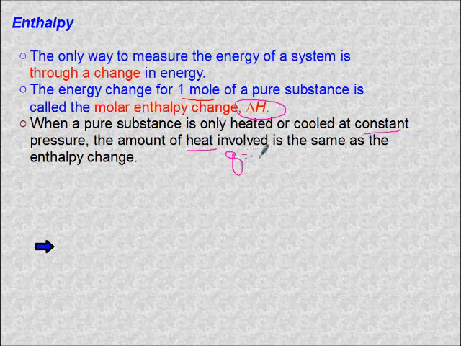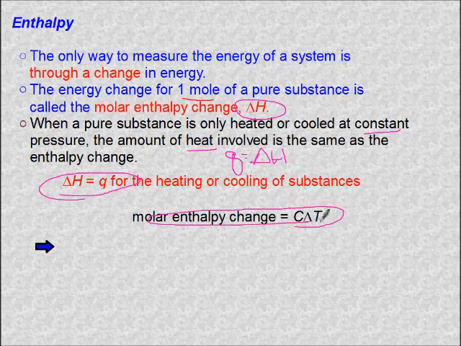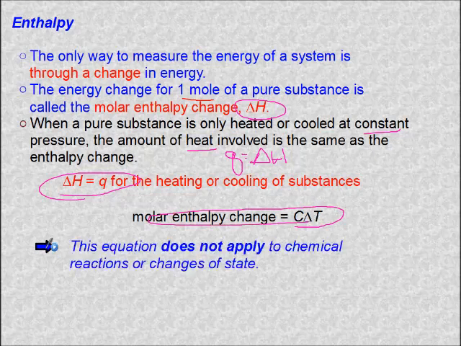Q equals delta H, if these other conditions hold true. So right here, Q equals delta H for heating or cooling. Therefore, the molar enthalpy change is C, the specific heat, times delta T. It does not apply if we change state or we have a chemical reaction. In that case, we have to find enthalpy in a different way.